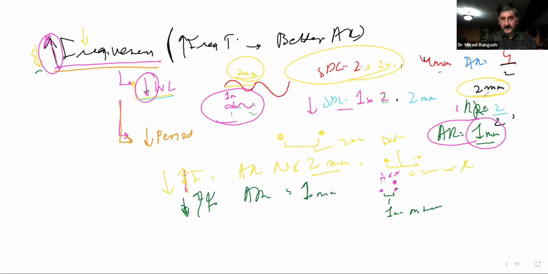If it was 2 millimeters and our axial resolution's numerical value was 2 millimeters, it would have been good, as long as it was at least 2 millimeters. If it's more than 2 millimeters between the reflector structures, you will still have a good axial resolution. But if this distance was less than 2 millimeters, let's say 1.5 millimeters, you will have a poor axial resolution.